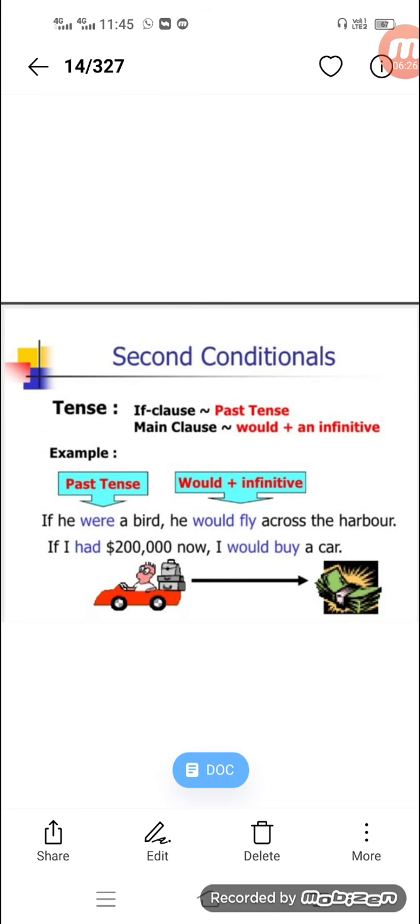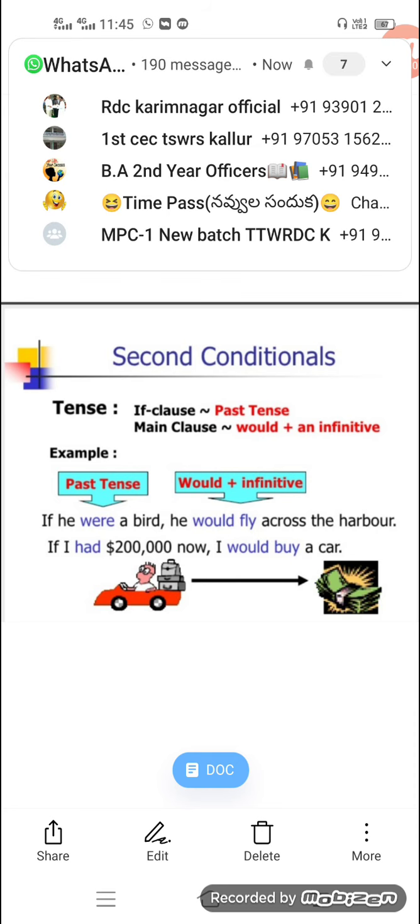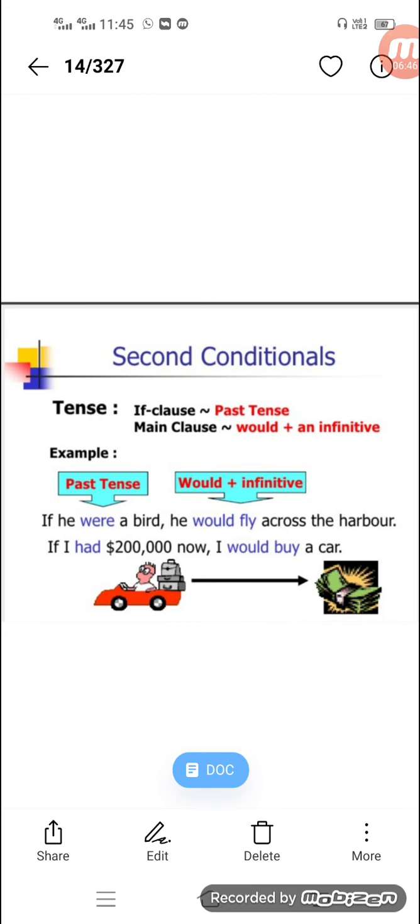Now let us see second conditionals. In the second conditionals, if clause should be in past tense and main clause should be in would plus an infinitive. If I were a bird, I would fly across the harbor. Actually, this sentence shows improbability of the action.